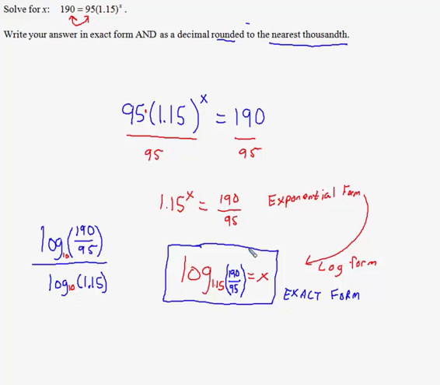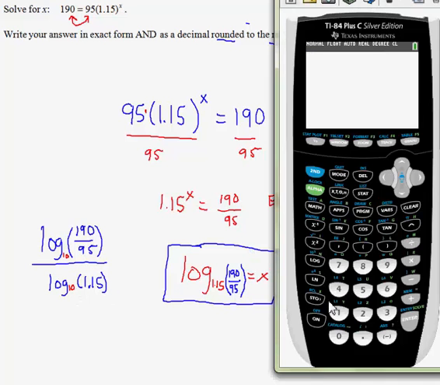So to get a decimal approximation of this, I'm going to go to my calculator and hit log, and it gave me a left parenthesis for free. Well, 190 divided by 95, and I'm going to close that parenthesis. That's my numerator, and I divide by my denominator of log of 1.15. Put a right parenthesis to cap that one off. Press enter.